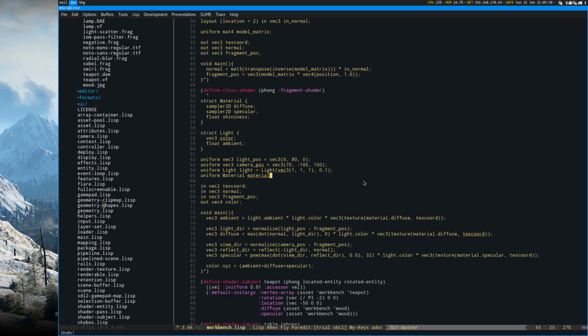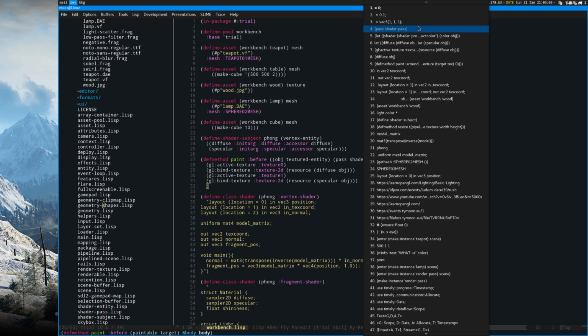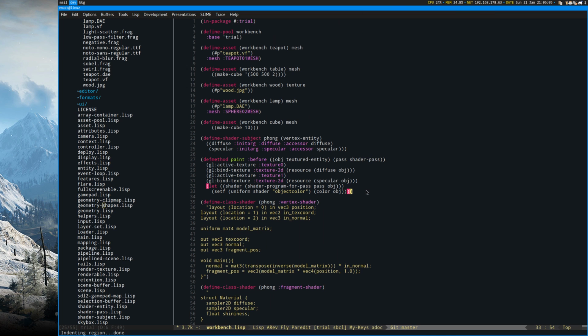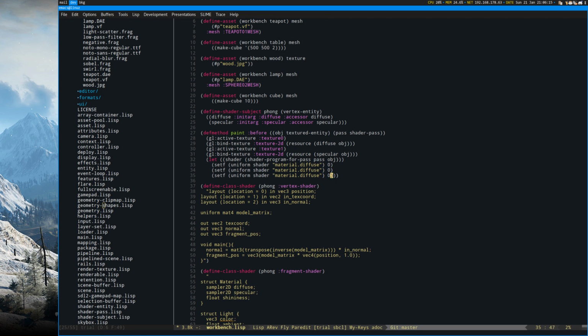Okay. Back to doing this. Wait, what did they say was meaningless? Having default values for uniforms, for some reason.